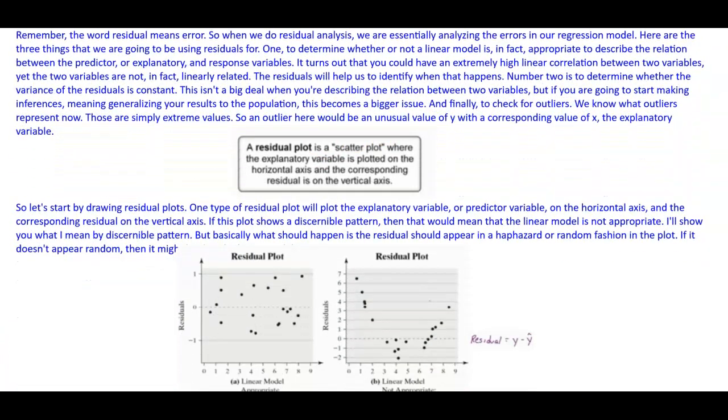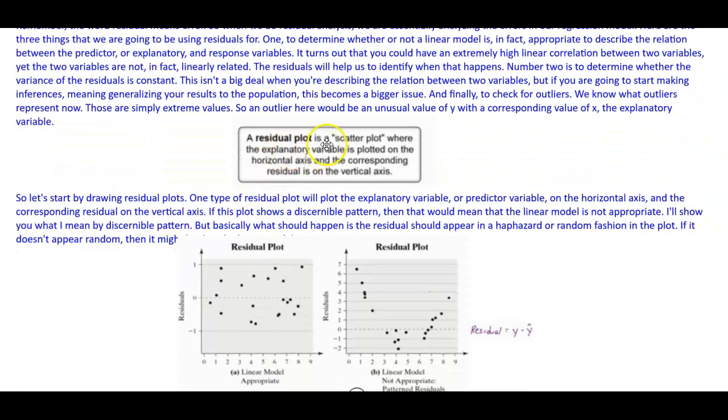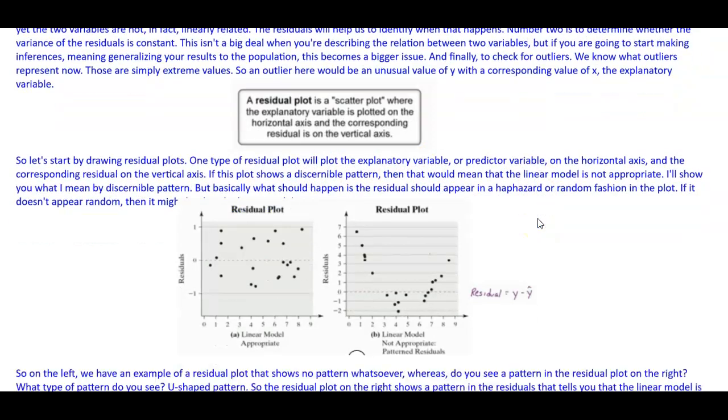So a residual plot. A residual plot is a scatter plot where the explanatory variable is plotted on the horizontal axis and the corresponding residual is on the vertical axis. So let's start by drawing residual plots. One type of residual plot will be a plot with the explanatory variable on the horizontal axis and the corresponding residual on the vertical axis.